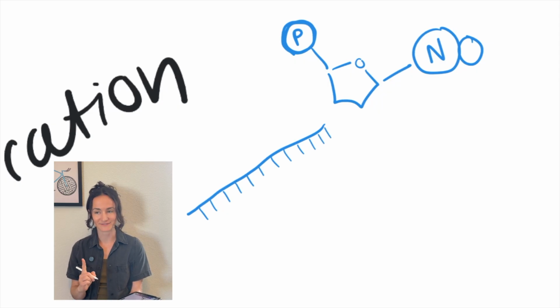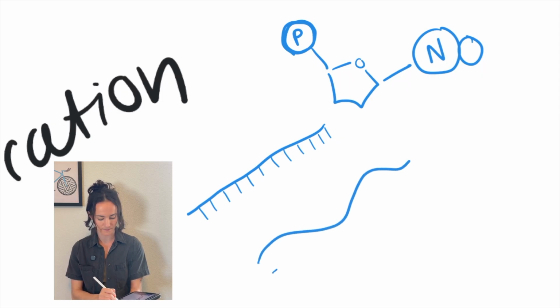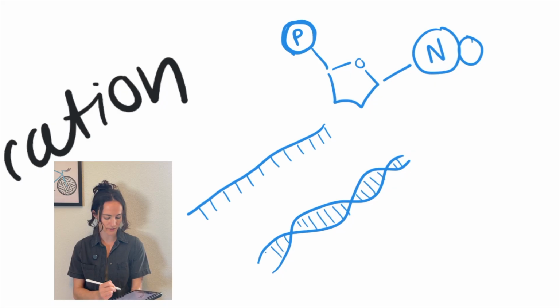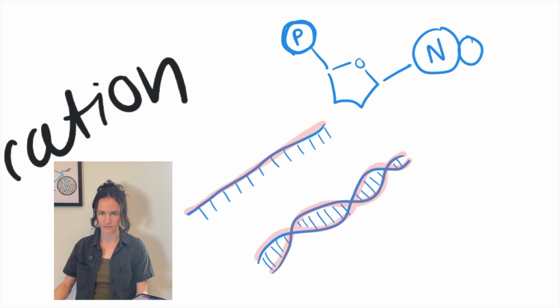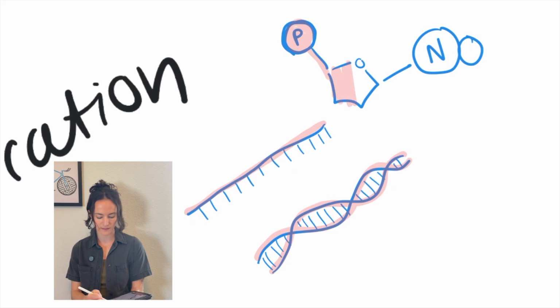But DNA is double-stranded, so you often see it drawn as this double helix. So when you see that double helix structure, there's one thing I want to point out. First off, this backbone of the DNA, like the side of the ladder, is referencing the phosphate group and the deoxyribose sugar.